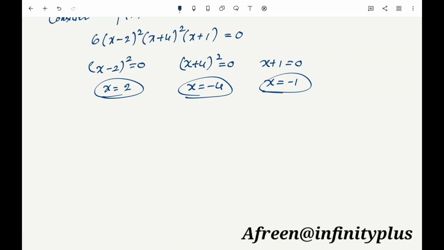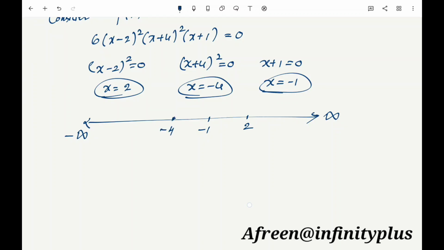Now plot all these points on the number line. This is positive infinity and this is negative infinity. If I plot all these numbers on the number line, we will get 2 on the positive side, then minus 1, then again minus 4.